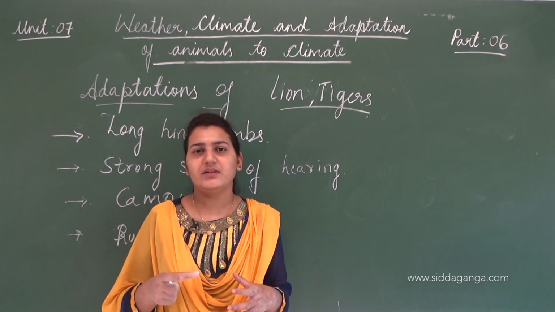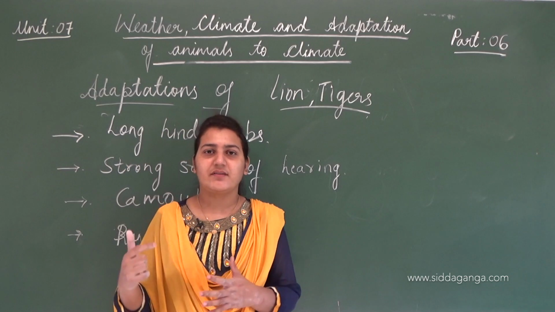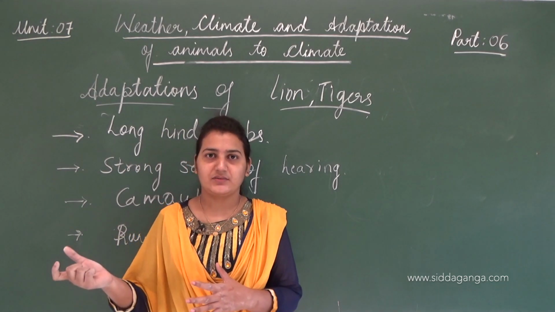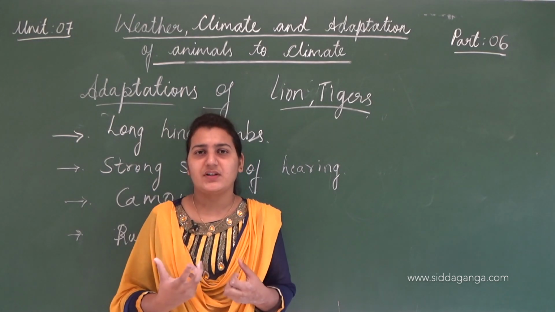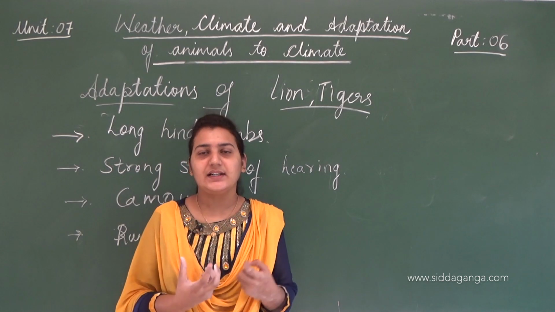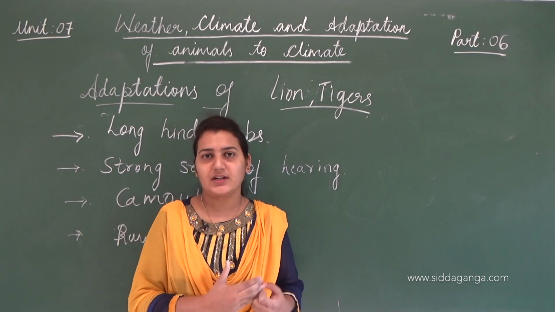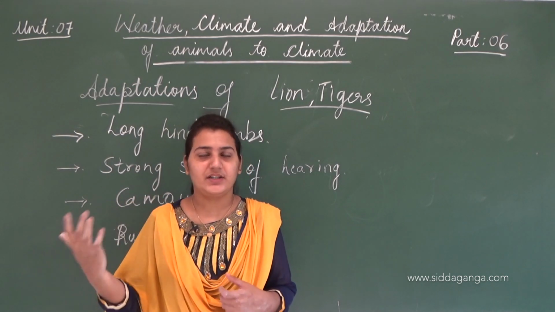Animals which live in the polar regions cannot survive in a hot and humid climate. It's because their body behavior, body nature, body structure and body adjustments are such that they can live only in that particular climate. If they are shifted to some other climate, they cannot survive.